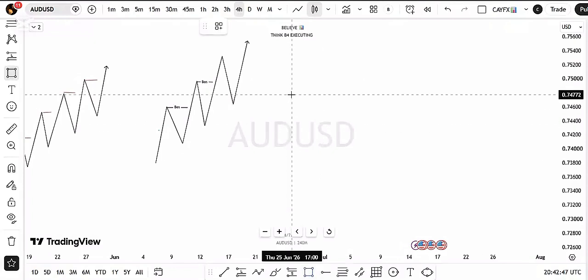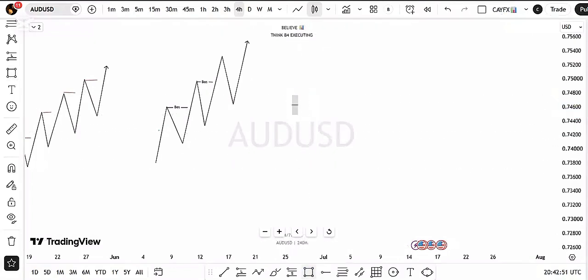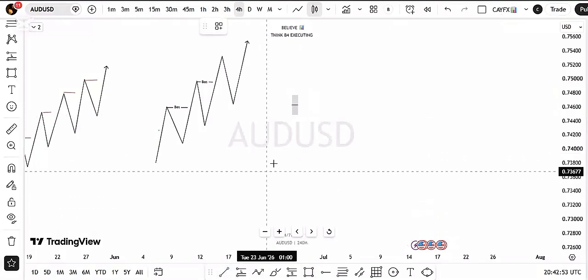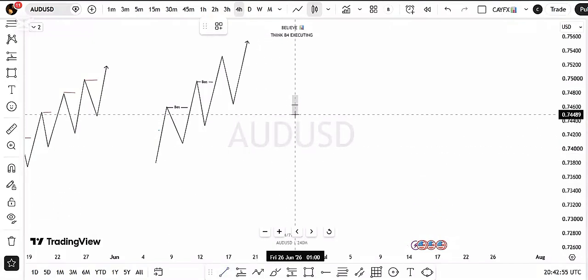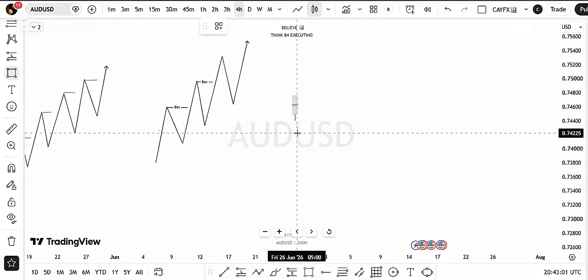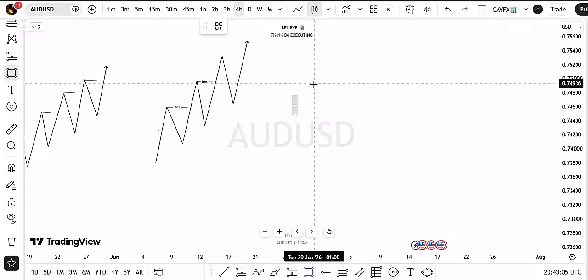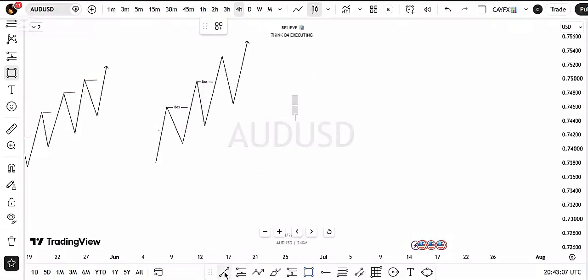The market must close with a body to give us a valid break of structure. Let's assume that this is in an uptrend, and the market has to take out this.